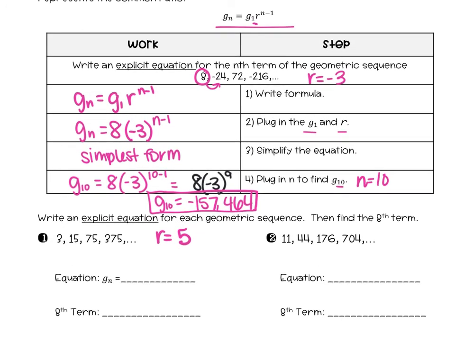So if I plug into my equation, they already wrote the Gn for us. I'm going to say G1 is 3. And then what I don't want to do is just write a 5 next to it. I can do the dot and 5 or parentheses 5. And then in the exponent, n minus 1.